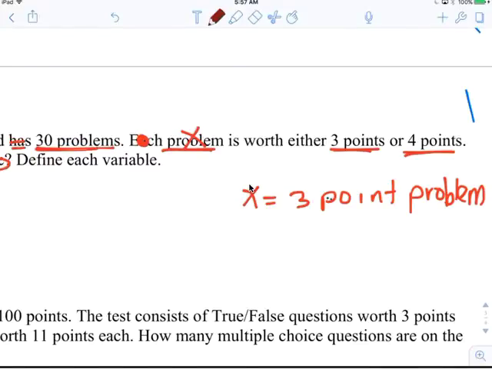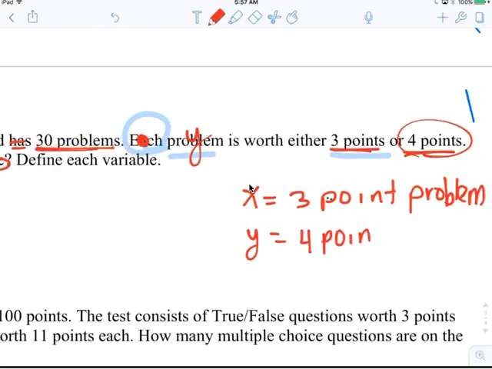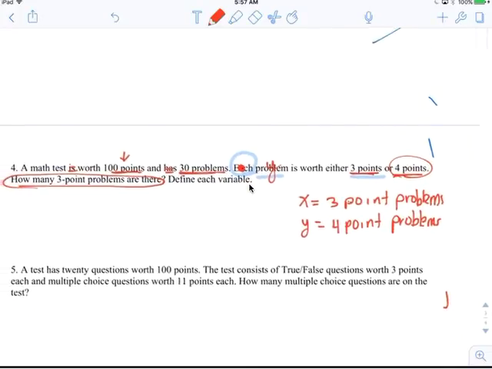And then the other one, because it's times, what do we times? Times what type of problem? One of them is 3-point. The other problem, times the 4-point problems. So we need to give it a different variable, y.